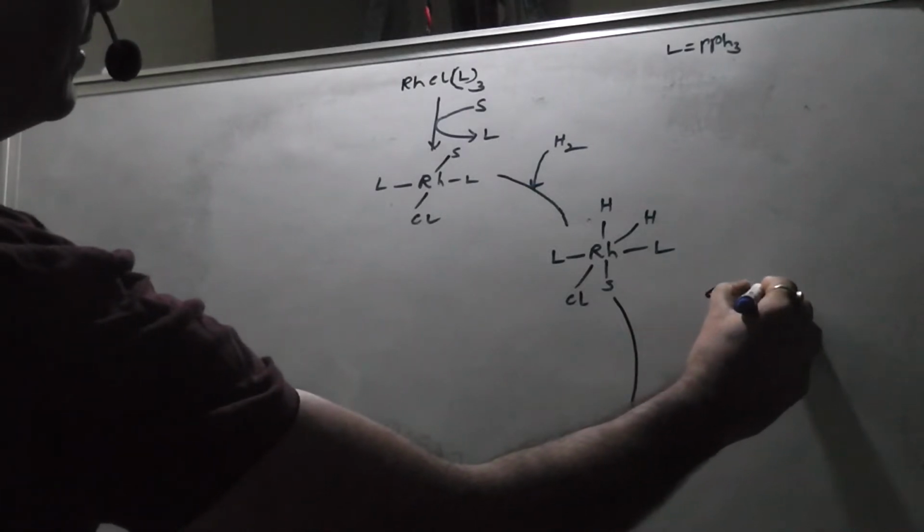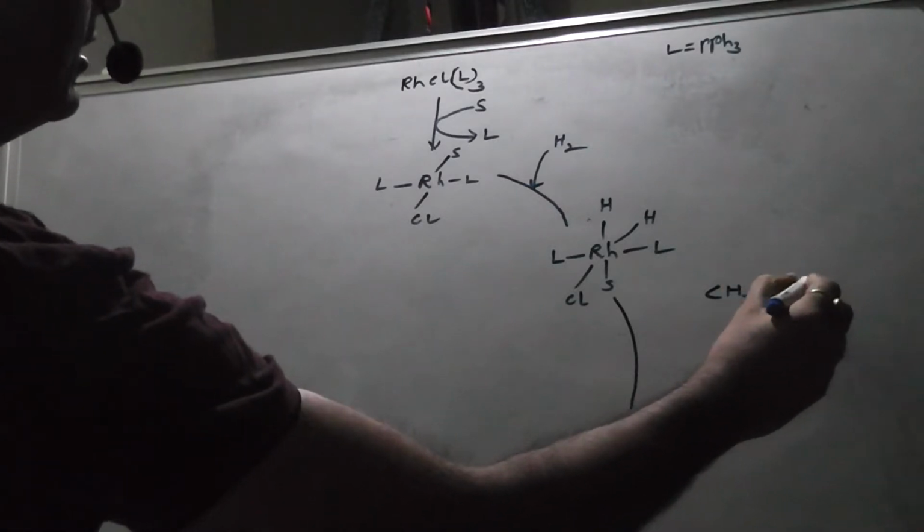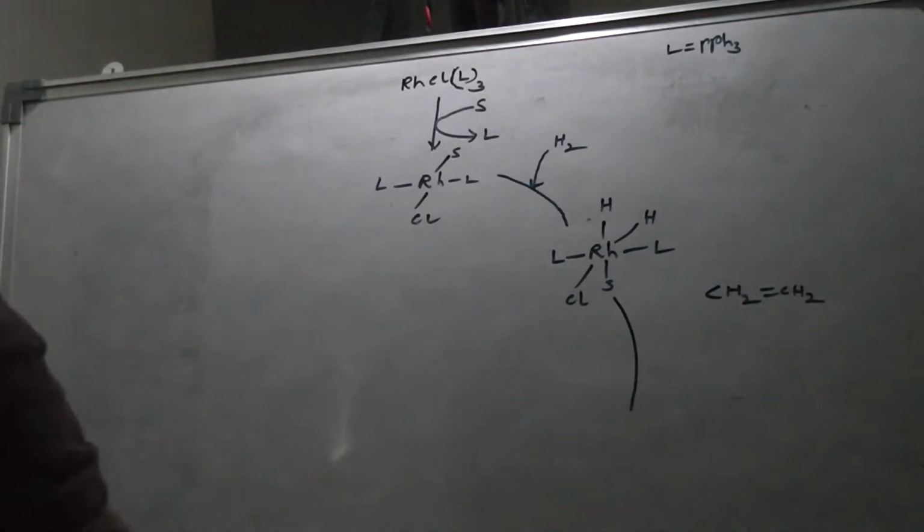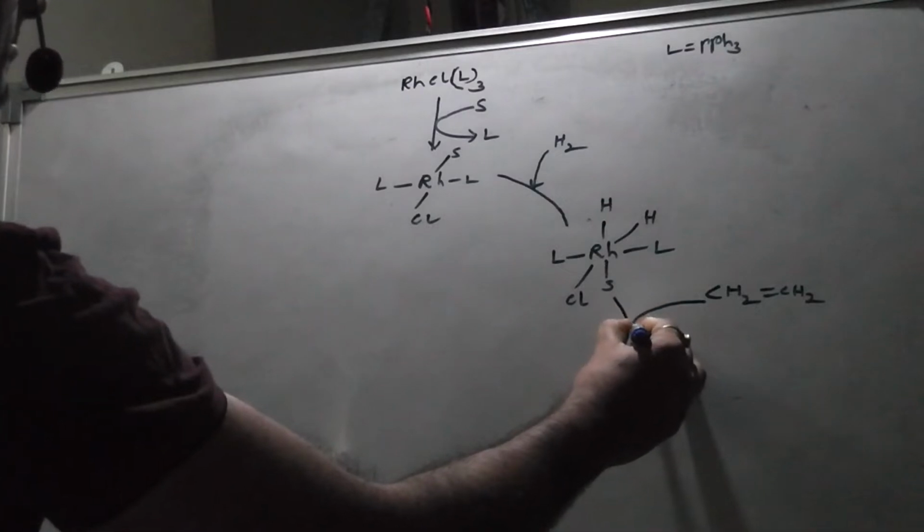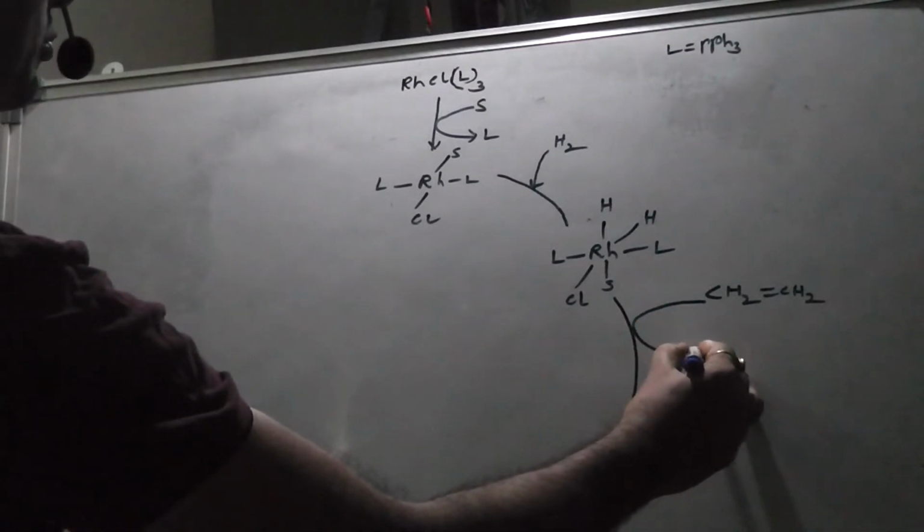I am taking the example of ethylene. Ethylene can be reduced to ethane, and the solvent is moving out.